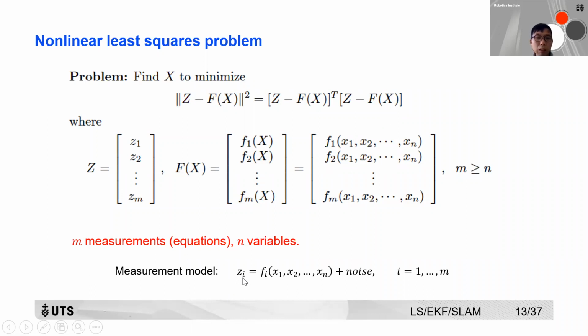The measurement is given by that, and it contains noise as well. So again, we have M measurements or M equations, and we have N variables, and M greater or equal to N. So we have more equations than variables, then we can formulate the problem as a nonlinear least square problem.